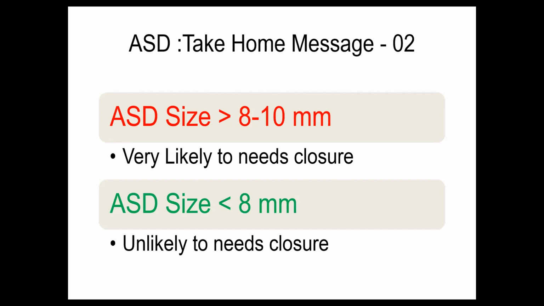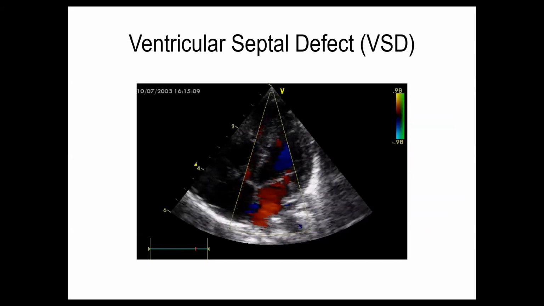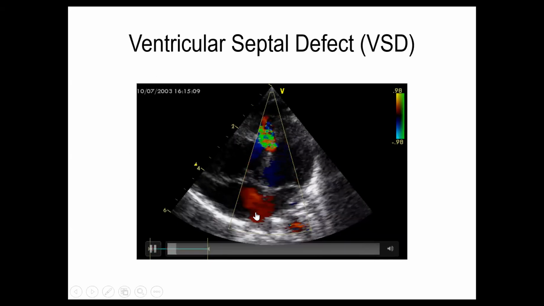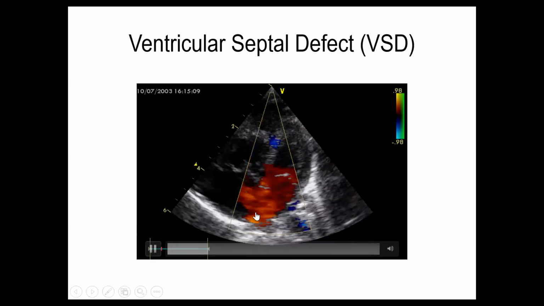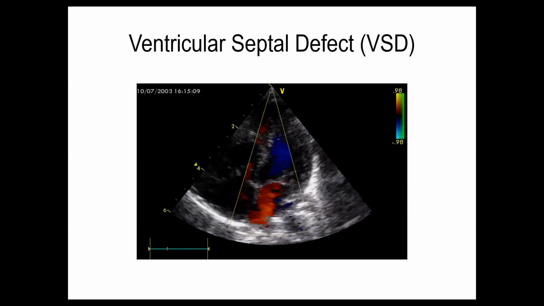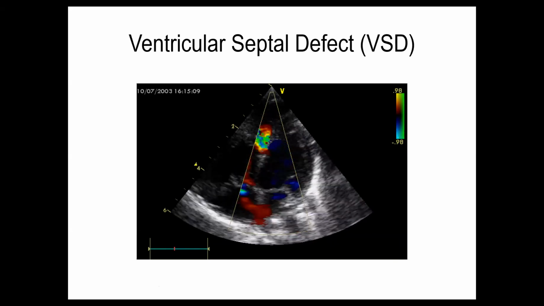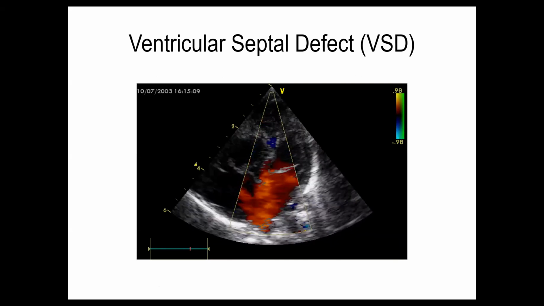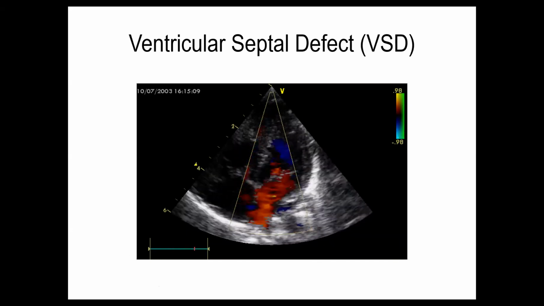Normally there's a patch which is seen in these echoes. A hyperechoic patch would be seen over here. Right. And sometimes it's very difficult. Only history will tell you that this patient has had a previous ASD closure by surgery. Right.